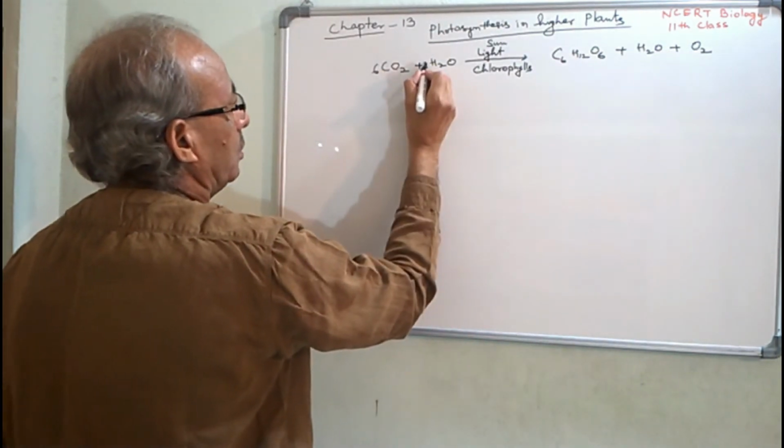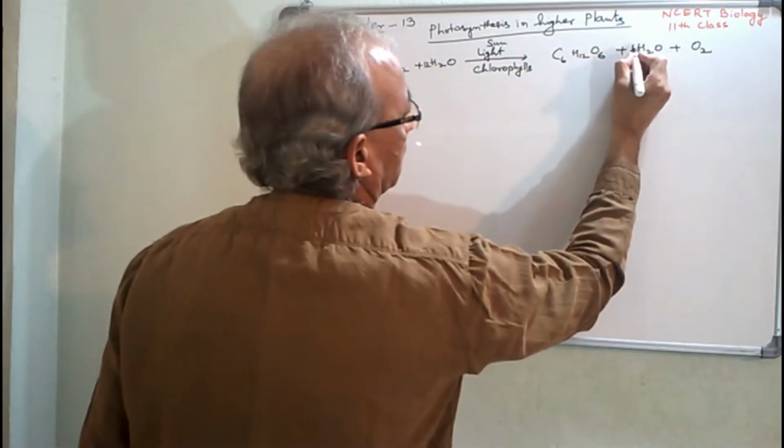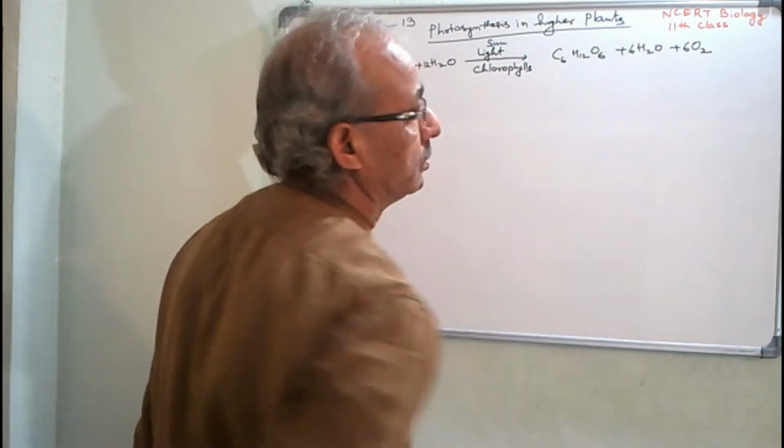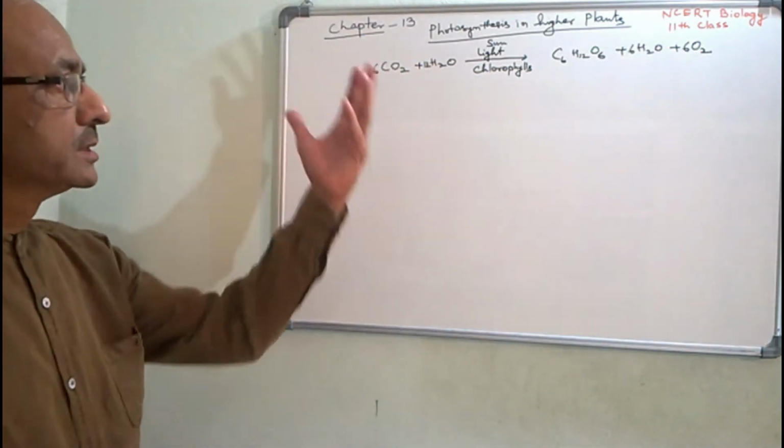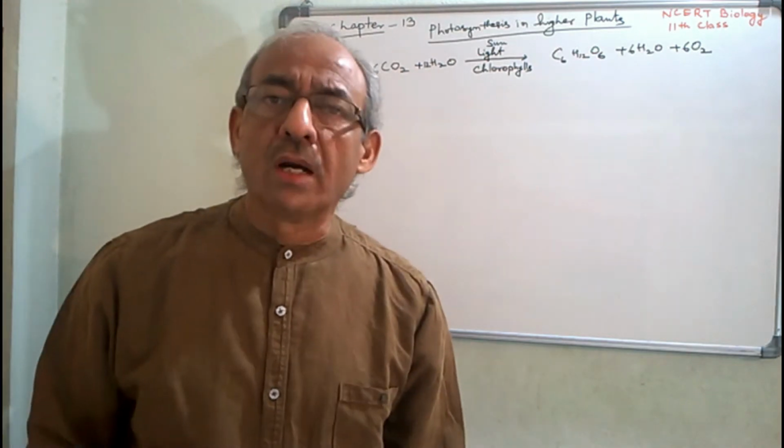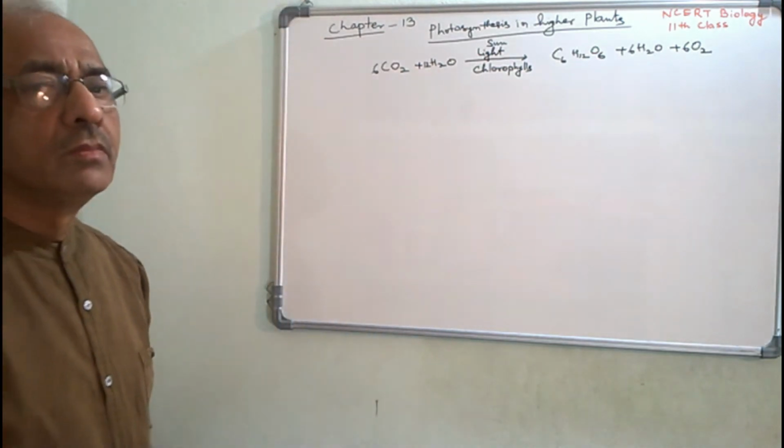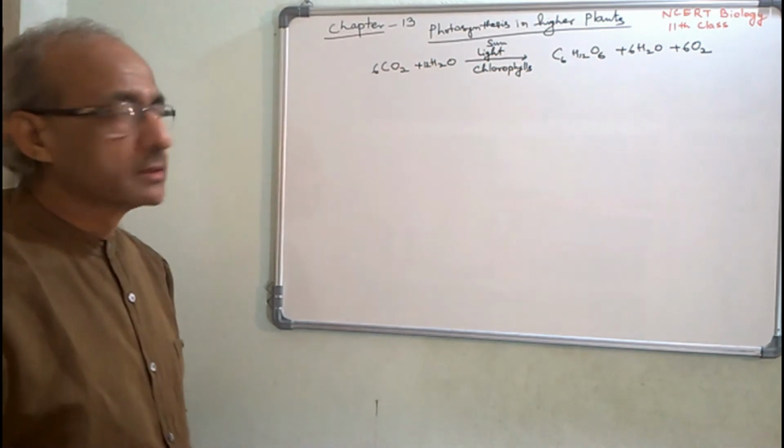After balancing: 6 CO2 plus 12 H2O gives C6H12O6 plus 6 H2O plus 6 O2. This is the formula of photosynthesis which we know nowadays.